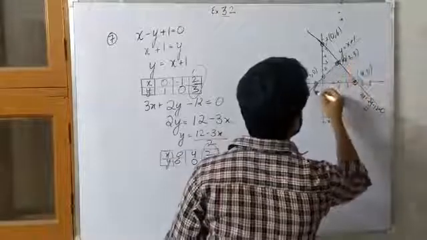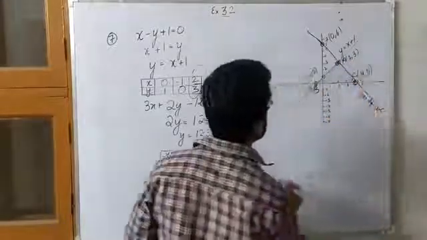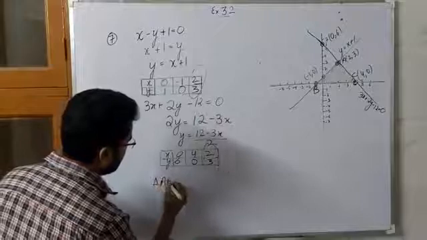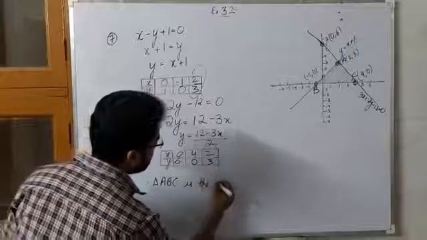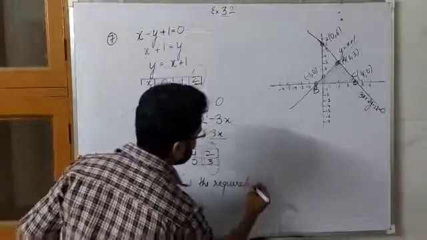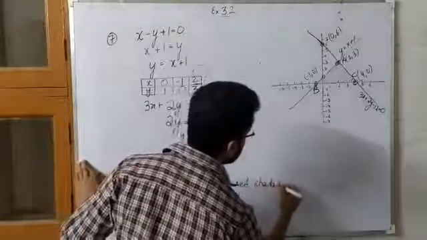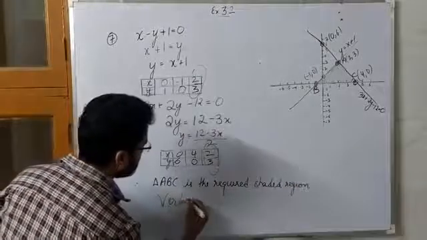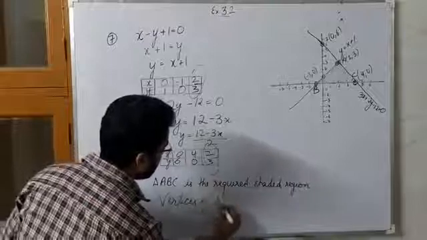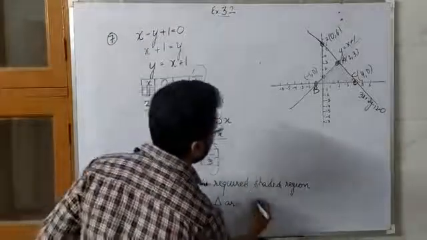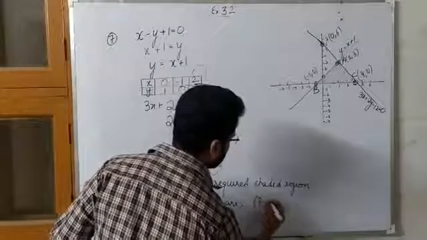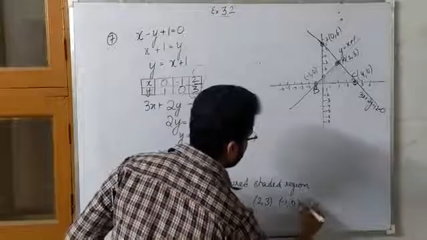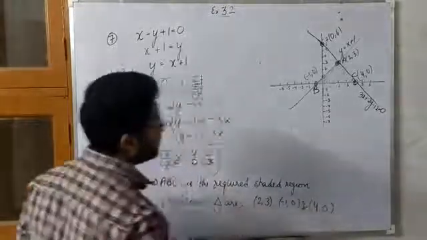Let's say this point is A, this point is B, and this point is C. So you will say therefore triangle ABC is the required shaded region, and you will tell the vertices of the triangle are 2, 3, minus 1, 0, and 4, 0.